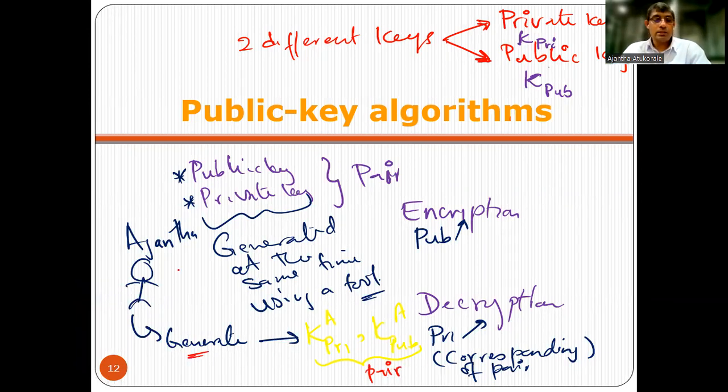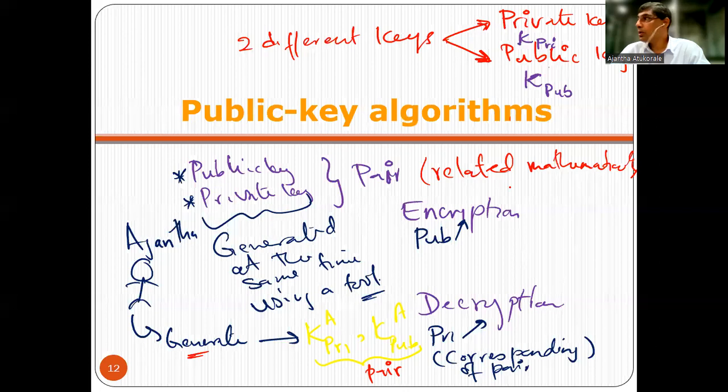Each person has to generate a key pair, so everyone will have a key pair, and the two keys are related mathematically. Don't ask how, because mathematicians have proven that. Let's take that as a fact.